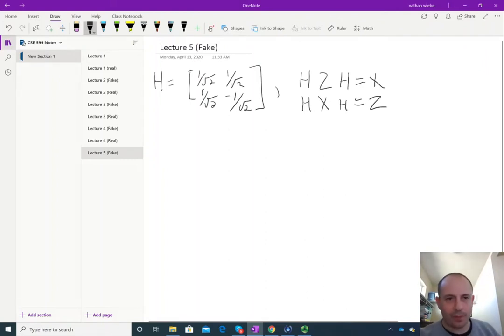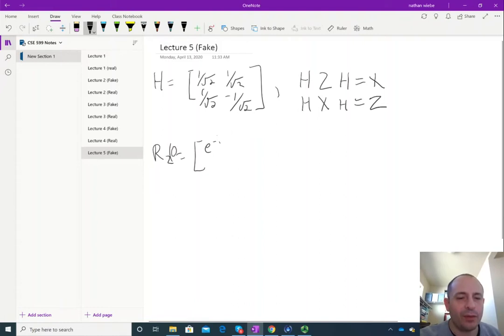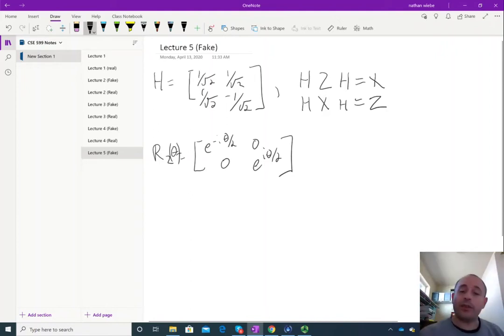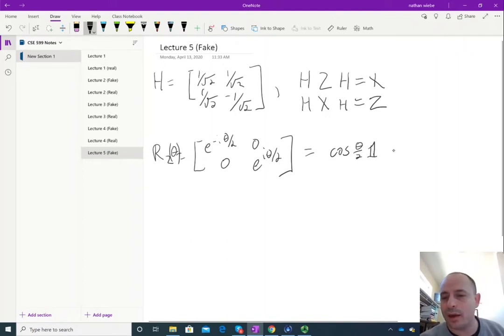Now, another nice feature is that Rz of theta, which is the matrix with entries e to the negative i theta over 2, 0, 0, e to the i theta over 2, can be written in the form cosine theta over 2 times identity minus i Z sine theta over 2.